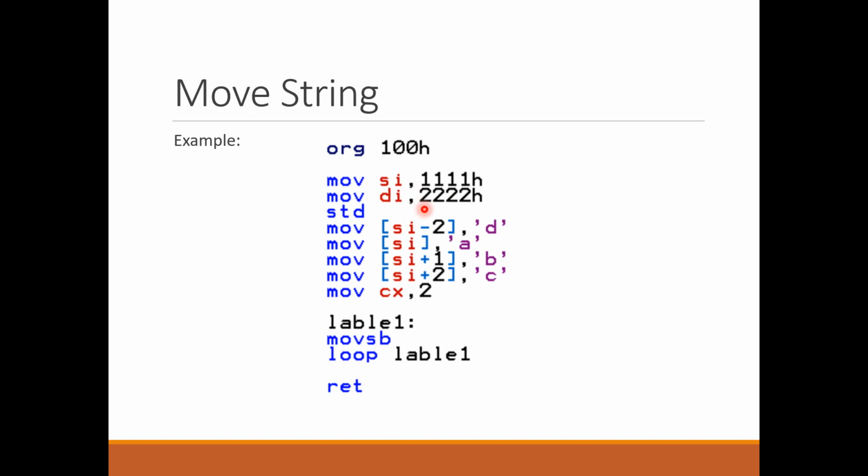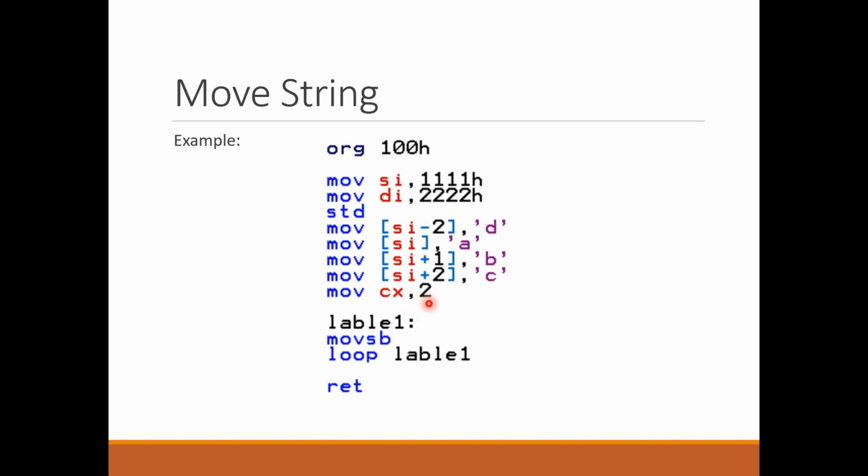For the second time, the destination index is going to be decremented by 1, so it's going to be 2221. And what is going to be stored? Nothing, because the value of the source index minus 1 is nothing, and the loop is going to be stopped. Why? Because we've set this loop to repeat itself only 2 times.